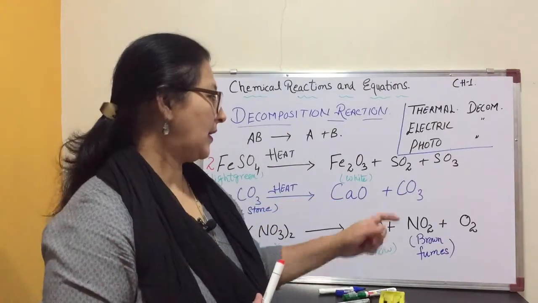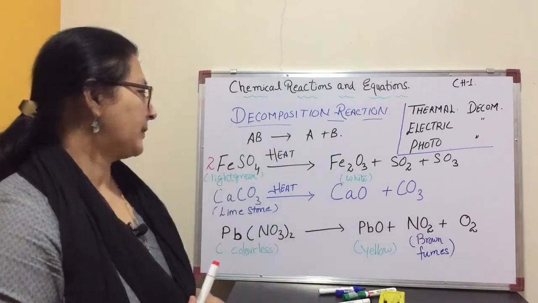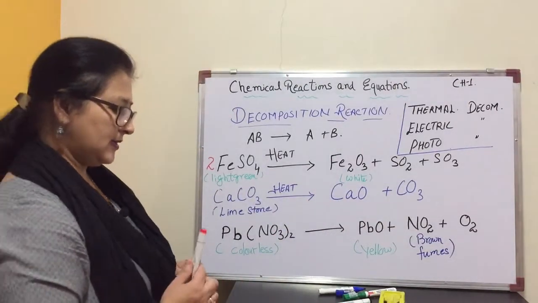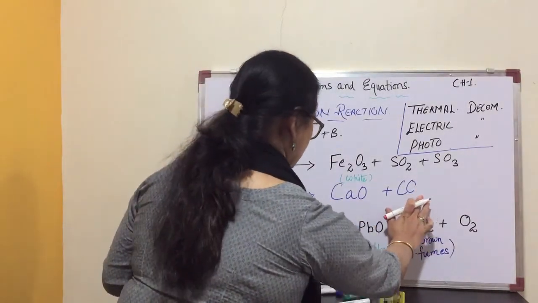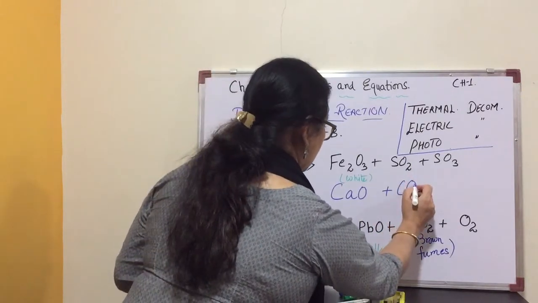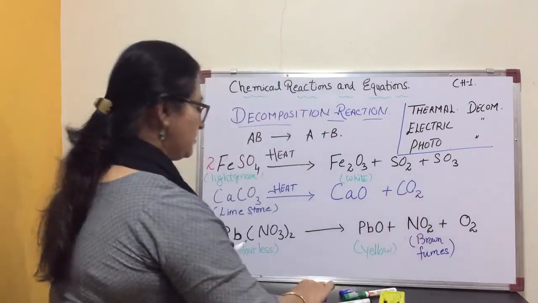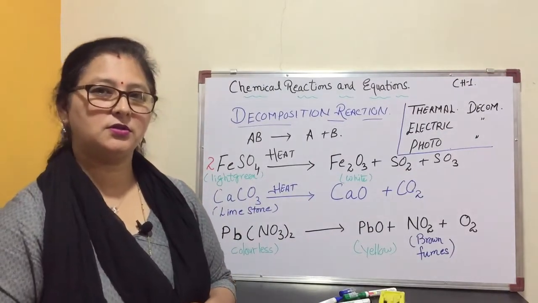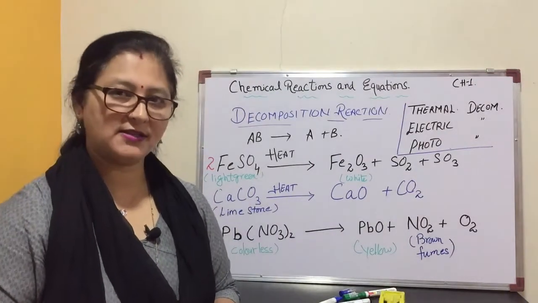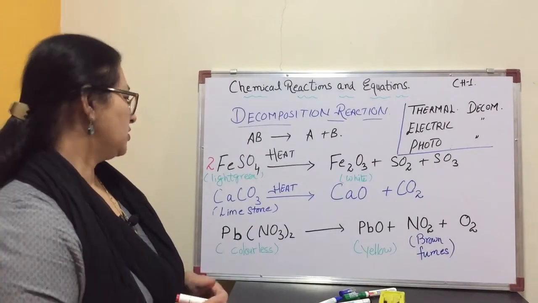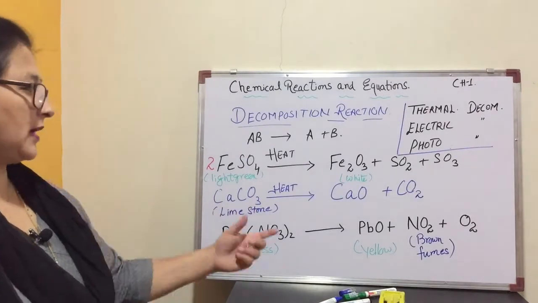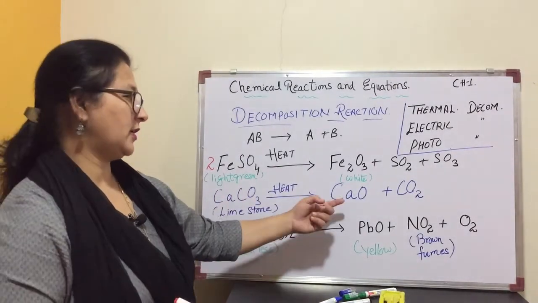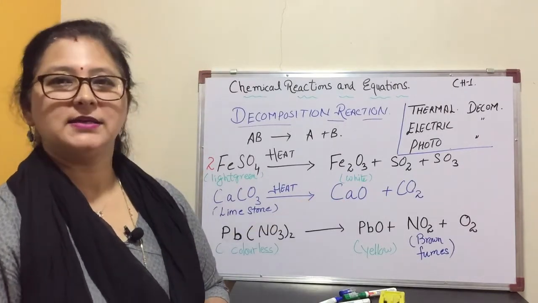CaO is quicklime, and carbon dioxide gas is released. This reaction is very important in the cement industry. Cement manufacturers heat calcium carbonate to get CaO, which is a very important product in making cement.